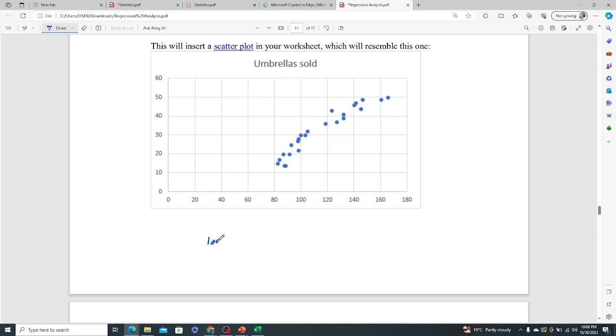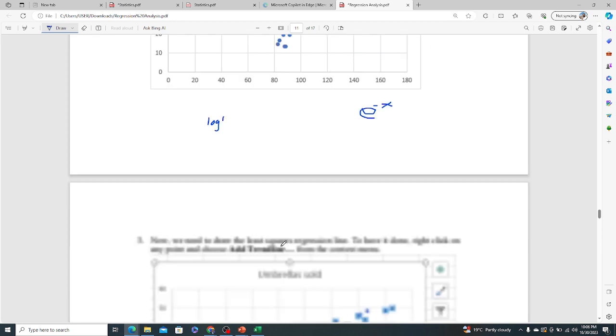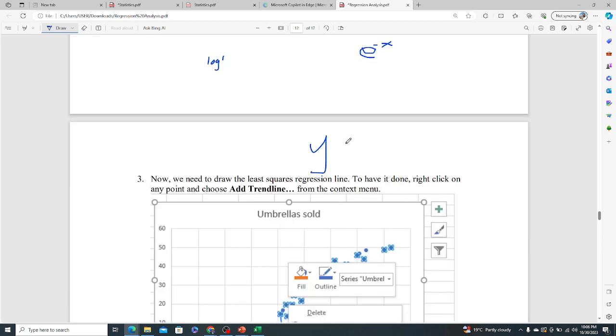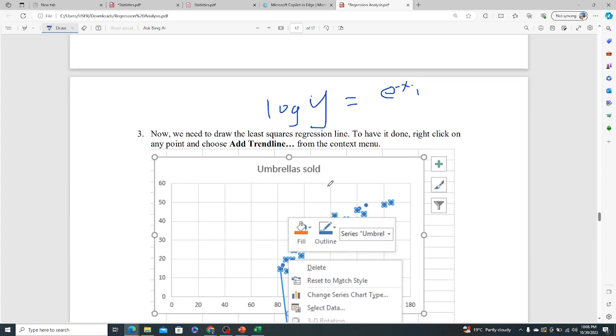For example, if your data was exponentially distributed, let's say my model was y equals an exponent, meaning between y and x there is no linear relationship, right? So in this case, we can introduce log.